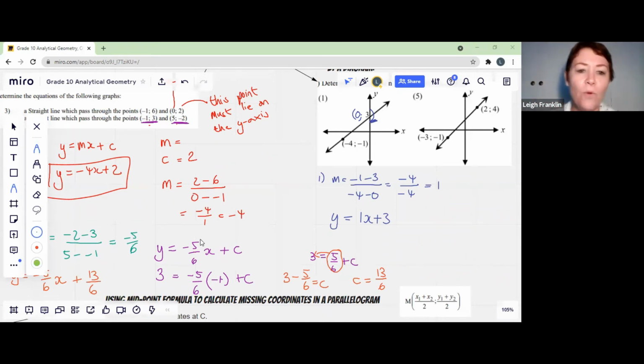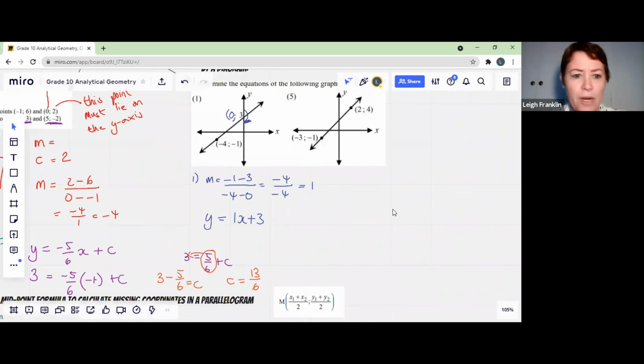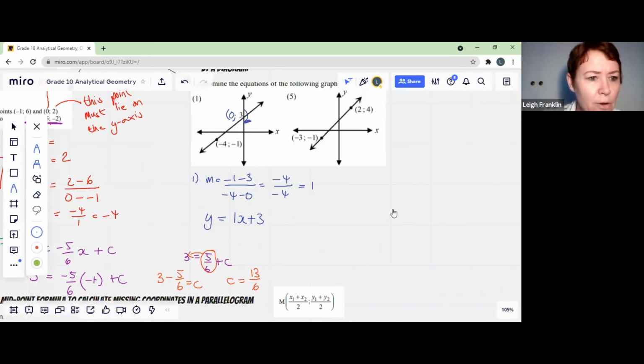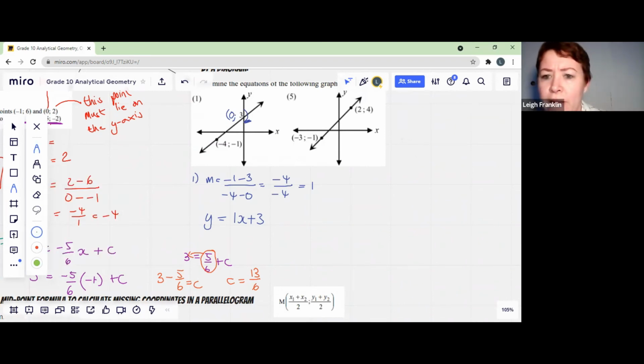Okay, so Phoebe, what did you get as your answer for number 5? Will you share it with us? Okay, 3 over 5x plus 14 over 5. Okay, Phoebe, let's work it out. All right, so everybody, we're going to check Phoebe's answer here. So gradient Phoebe, we can say something like 4 minus -1 over 2 minus -3.